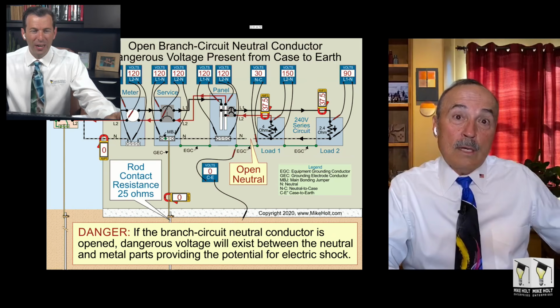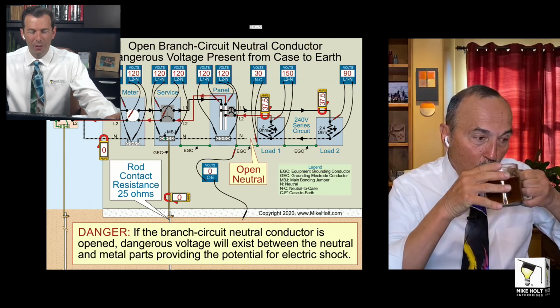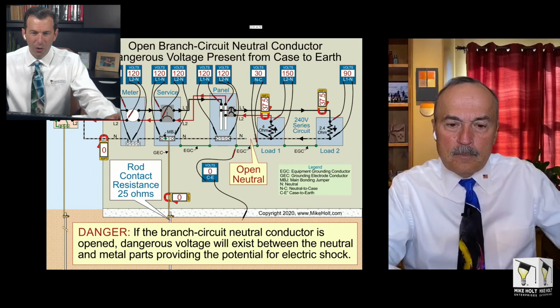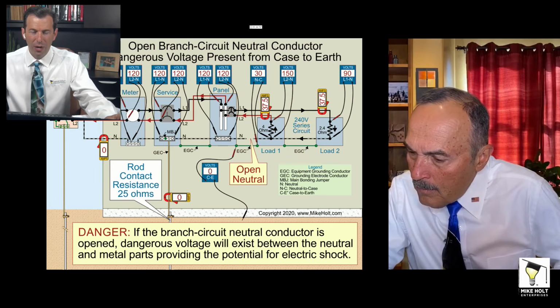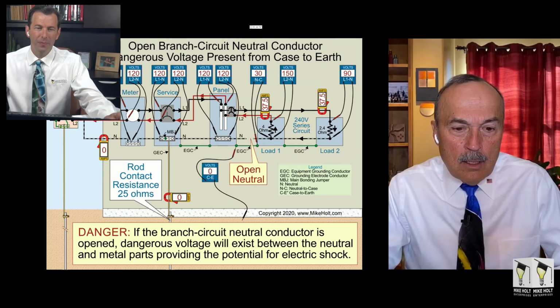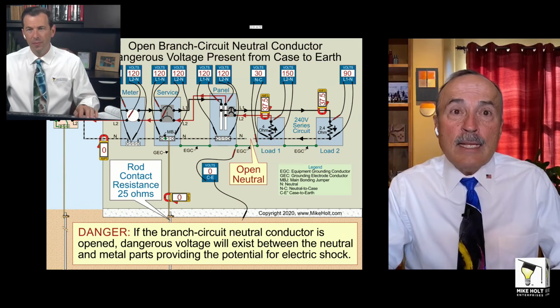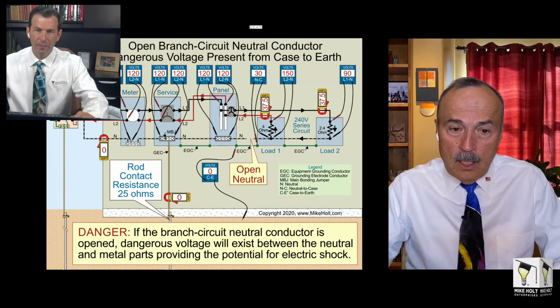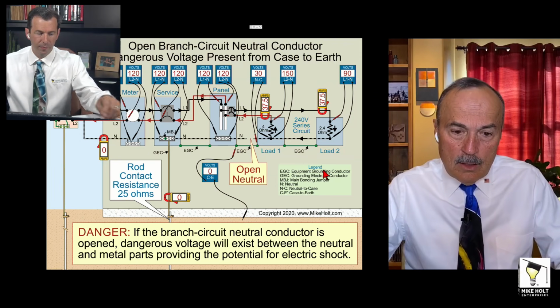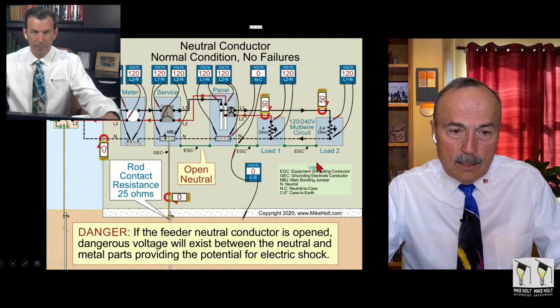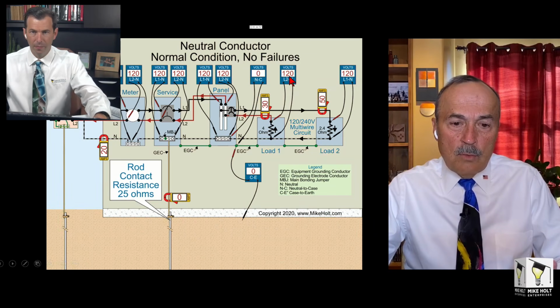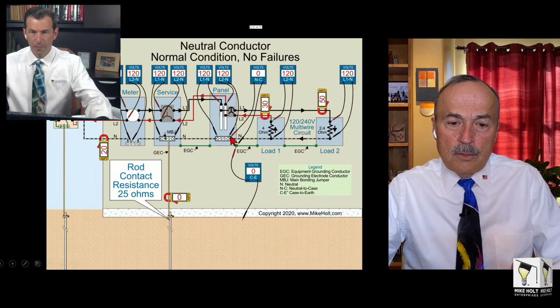All right, so I got a question from Romeo. He says, is it too basic for Mike to explain the separation of neutral and grounds on a sub panel? All right, let's do it right now. Real quick. Ready, guys? Let's go to the graphic here that is correct. This is the way it's supposed to be, right? 120, 120, 120, 120, 120, 120, neutral to case is going to be 0, earth is all going to be 0.